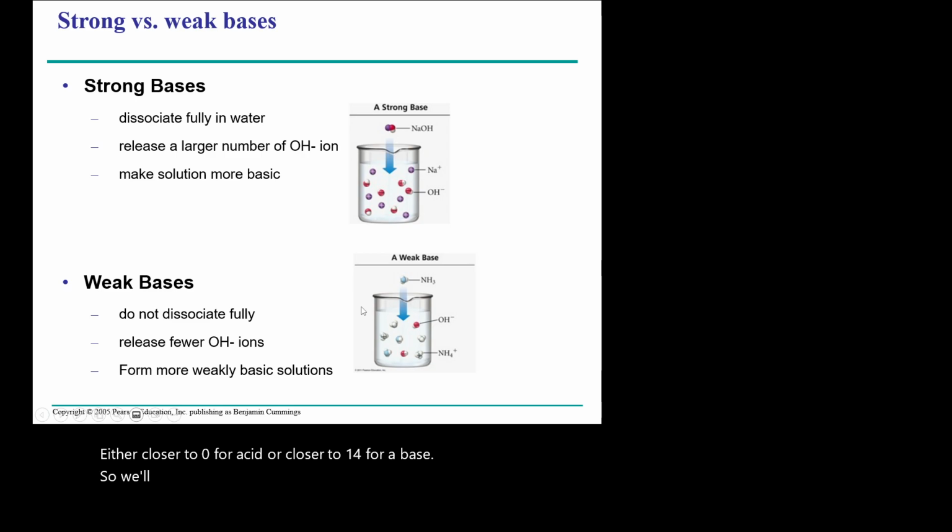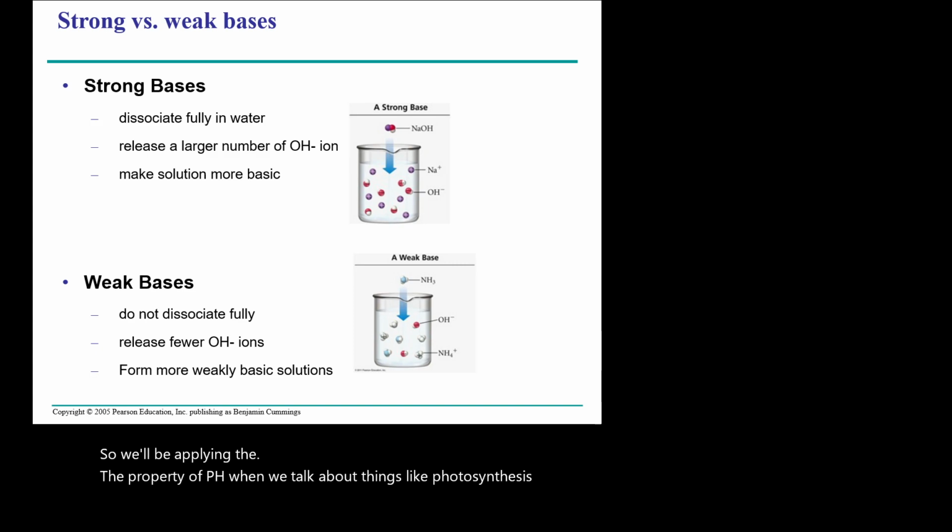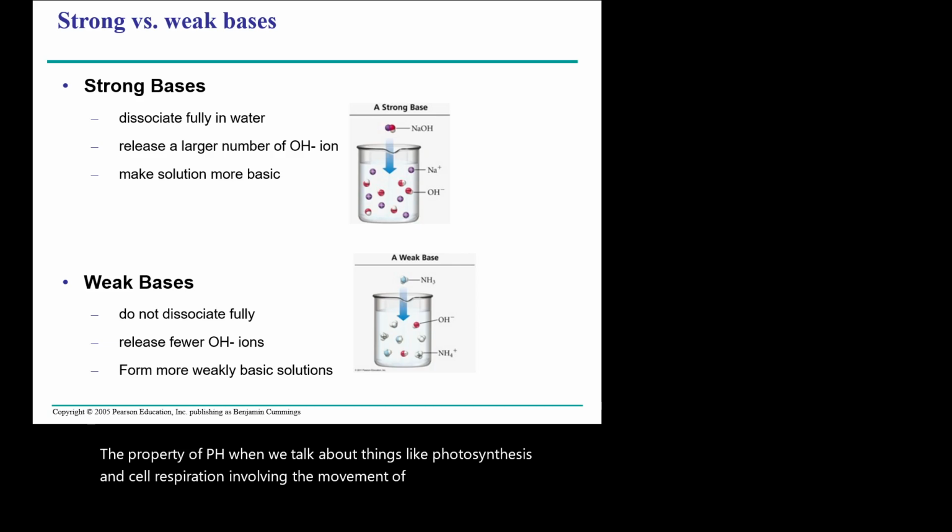So we'll be applying the property of pH when we talk about things like photosynthesis and cell respiration involving the movement of protons across membranes, how that affects the pH environment of those spaces, and also on a bigger scale, how pH is important for living things, because some parts of living things need to have a particular pH to operate appropriately, like our blood, for example, or even the water that an organism lives in has to be an appropriate pH for those aquatic organisms, like corals that are not able to survive if the oceans become too acidic.